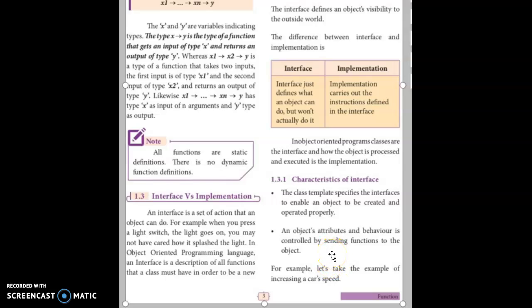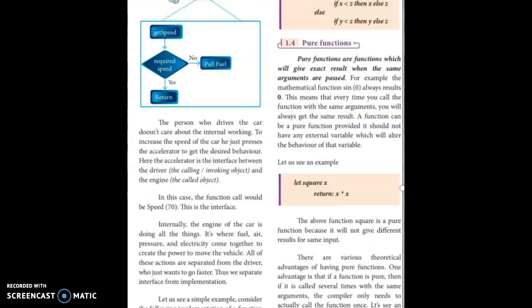Here is an example. Increasing a car's speed: to increase the car's speed, the driver has to press the accelerator, which is the interface between the driver and the engine. So the driver does not care how the engine works. The engine provides the functionalities. The driver does not care whether the engine is going to work or not. He just wants to speed up the car and go fast.